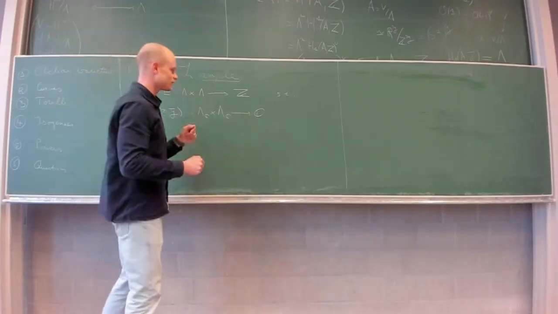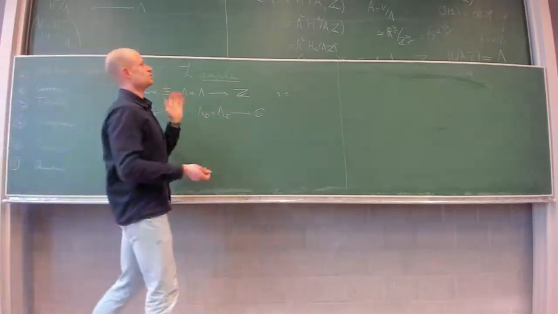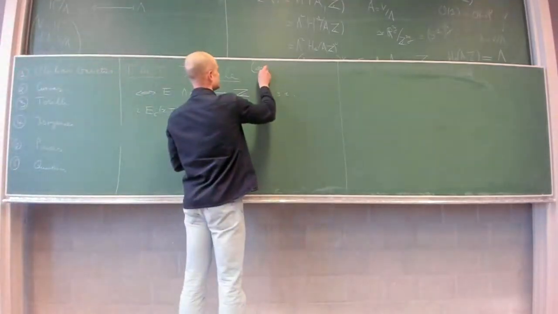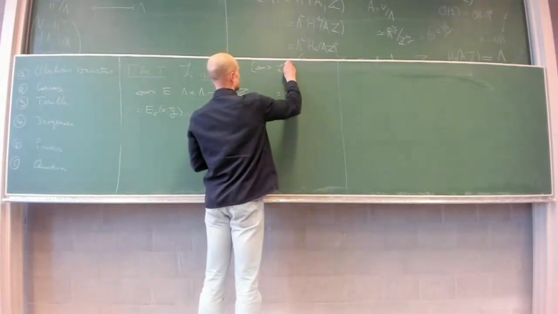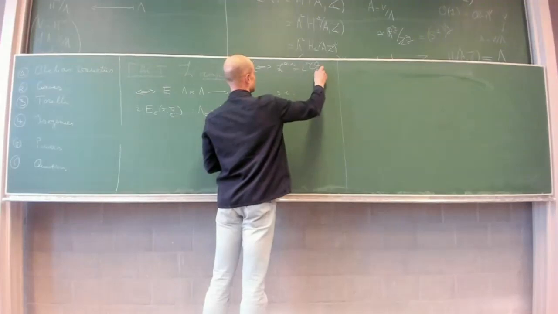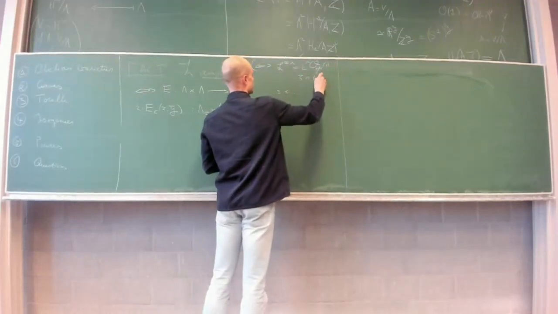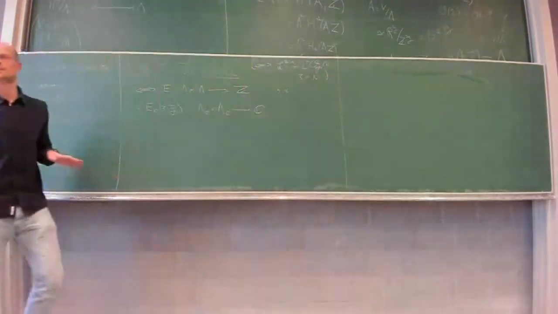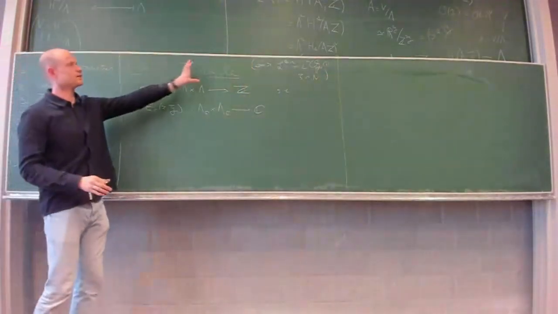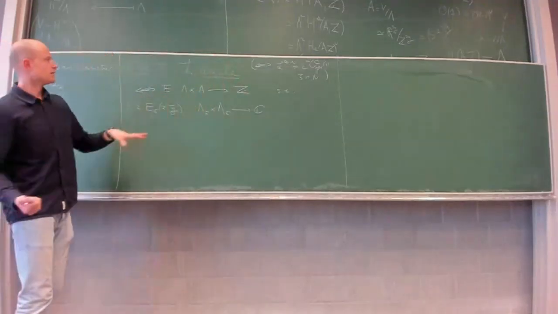Okay. Thank you. So lambda is ample, which by definition means that lambda to the n is i star O_E(1) for some n. It's not very important. You can think of lambda as being the pullback of O(1) along some embedding.